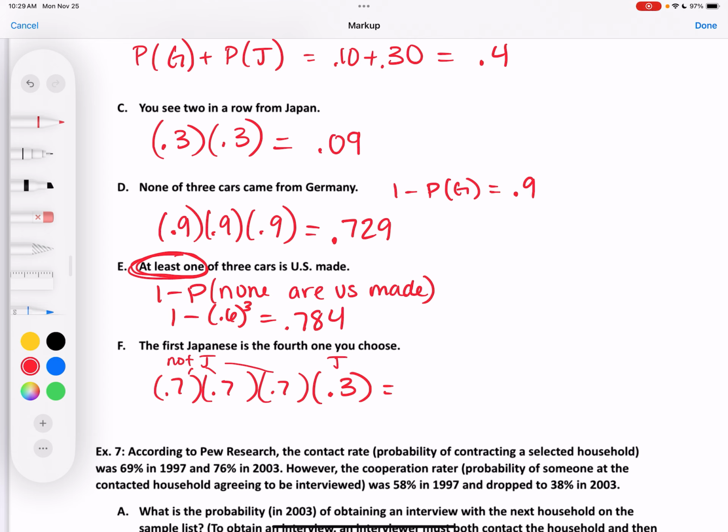Times 0.3, not minus 3. There we go. 0.1029.